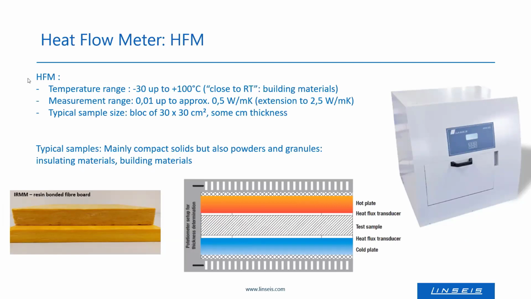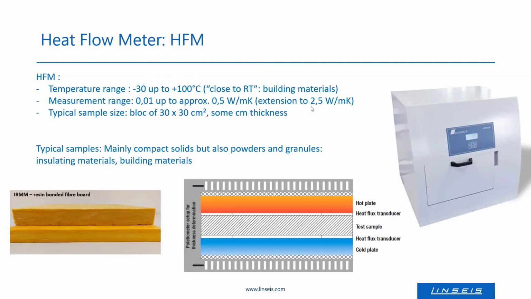The temperature range of a heat flow meter is usually quite close to room temperature because the main application is testing of insulating materials and building materials. The measurement range is quite low, usually below 0.5 watt per meter Kelvin. This covers widely the range of insulating materials.